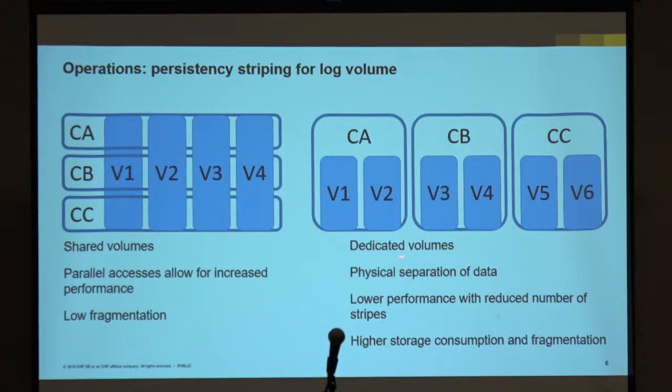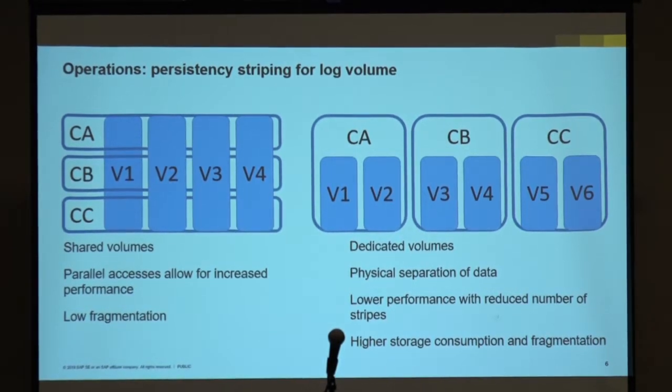So that means the data is physically separated, of course, depending on the configuration, but anyways, the performance might be lower just because we have fewer stripes available to each container, and the storage consumption is generally increased as compared to the shared volumes.